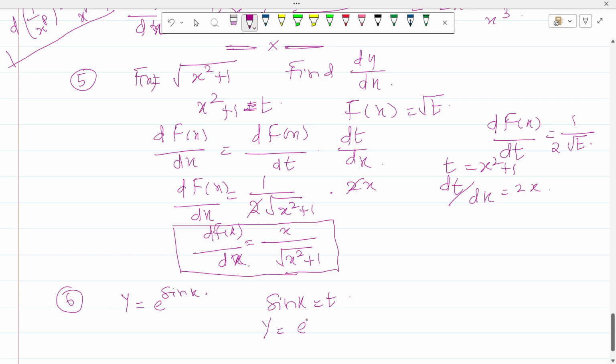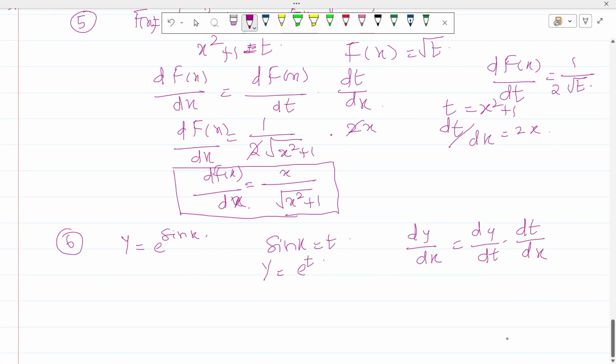So y equal to e power t. dy by dx equal to dy by dt into dt by dx. dy by dt, y equal to e power t, so dy by dt equal to e power t, and dt by dx equal to cos x.